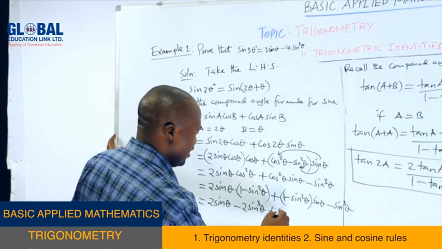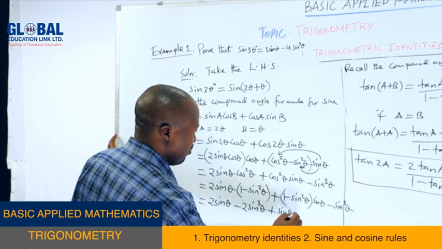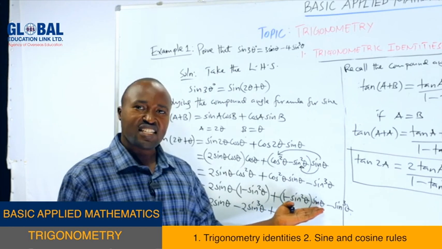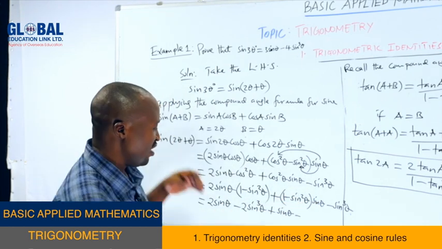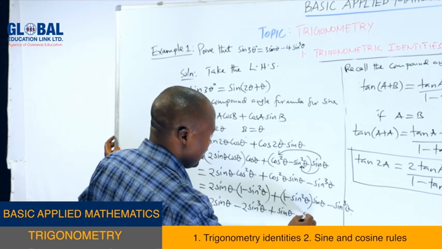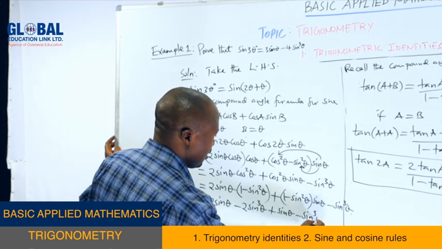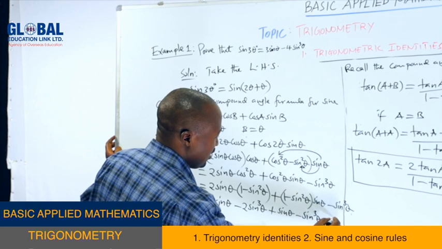Here we have sine theta, minus, then we have sine theta times sine squared theta, that is sine cubic theta, then minus sine cubic theta.